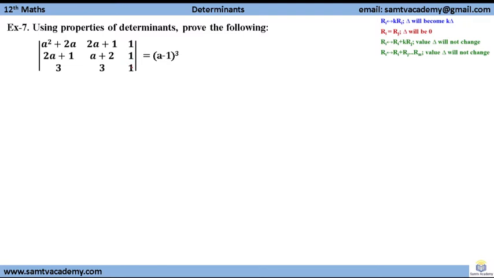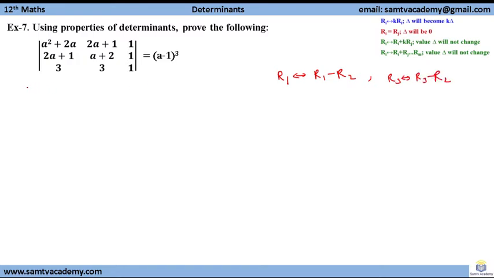So our first aim is to make the sum of this 0, and as we need a minus 1, we can subtract so that we get a minus 1 here. So I am going to replace R1 with R1 minus R2, and R3 with R3 minus R2.